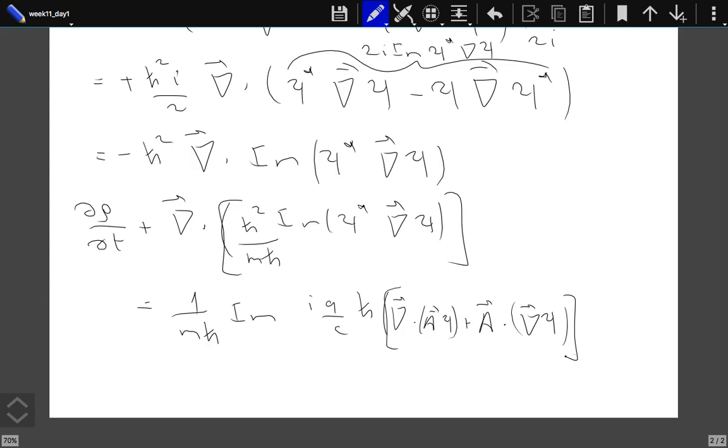If A is 0, the right-hand side is 0, so we identify J as h bar over m times the imaginary part of psi star gradient psi.